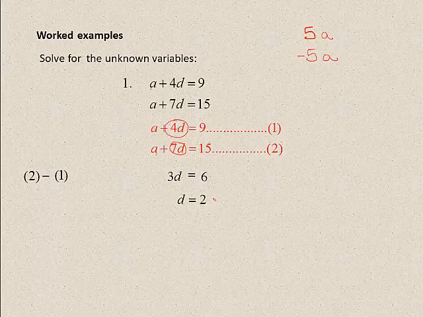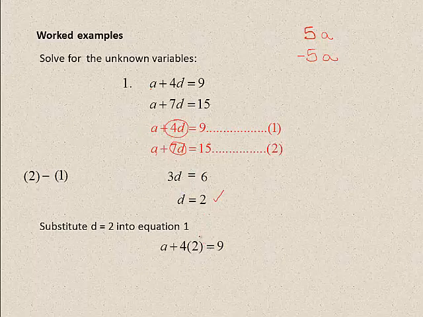I have only solved for one variable. I still need to solve for the second variable, which is a. And this follows a simple mathematical process. All I do is I substitute the value for the variable which I've calculated previously. In this case, d is equal to 2. I substitute d is equal to 2 in any equation. For convenience, I'm going to substitute it in equation number 1, which means a plus 4 times d.